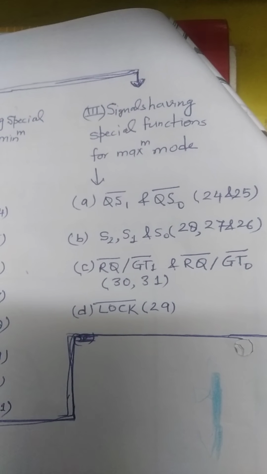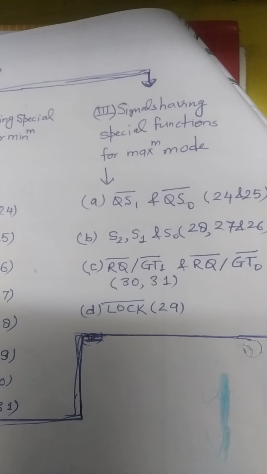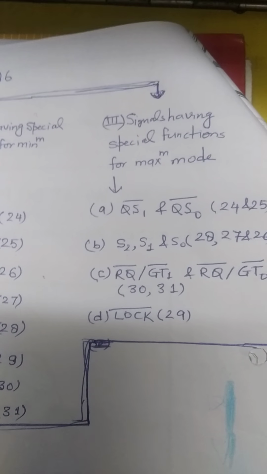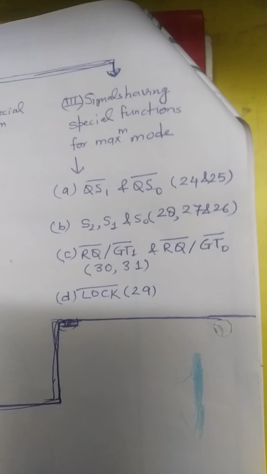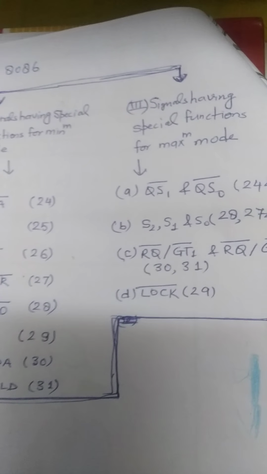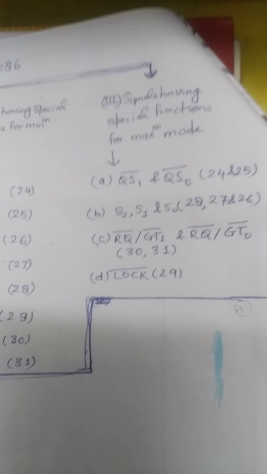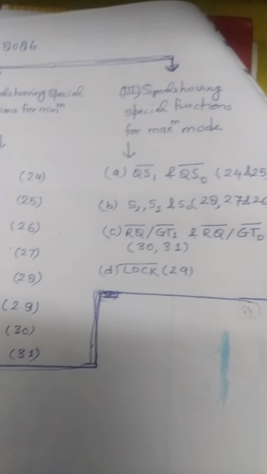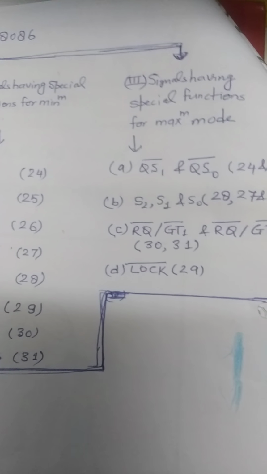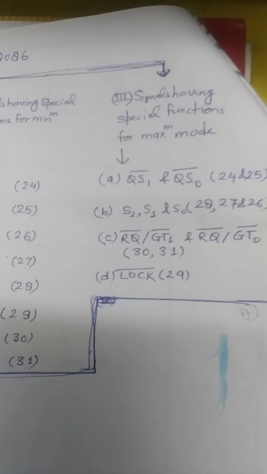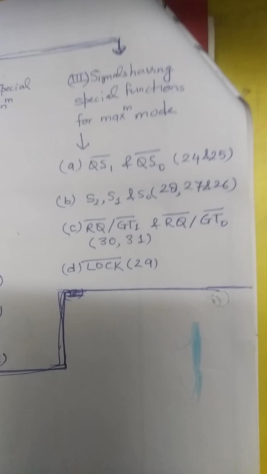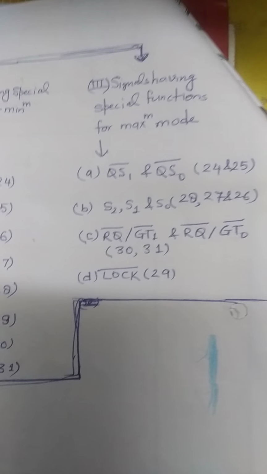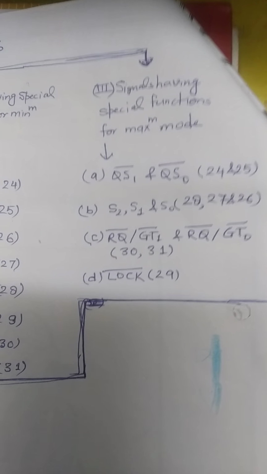Now we will talk about these signals, that is QS1 and QS0, and S2, S1 and S0. We will show a table through which we can explain the operation of QS1 and QS0.